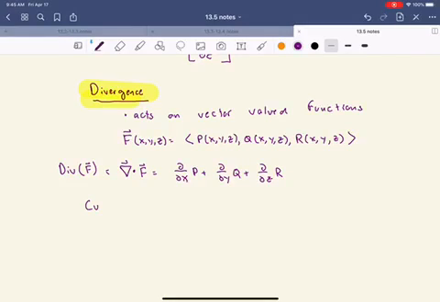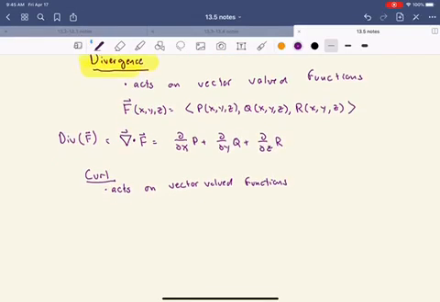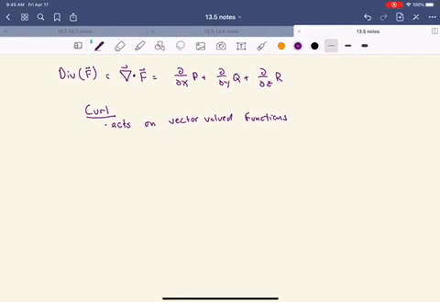Finally, the curl. The curl also, again, acts on vector-valued functions. Okay.